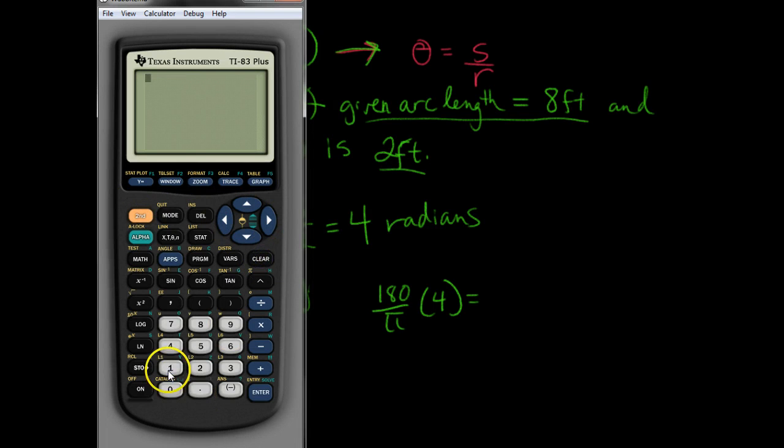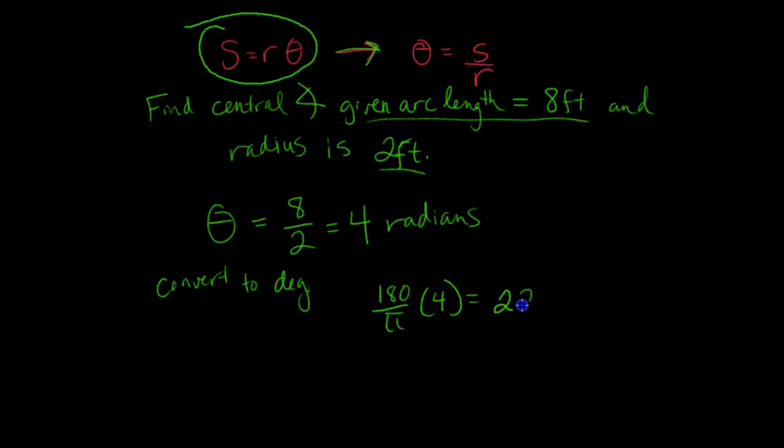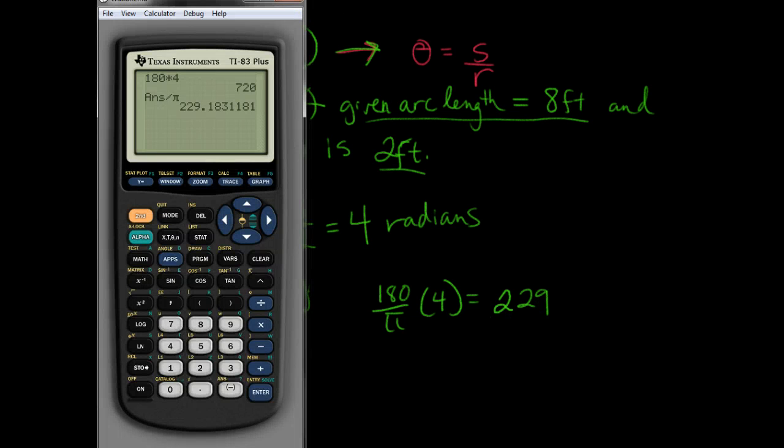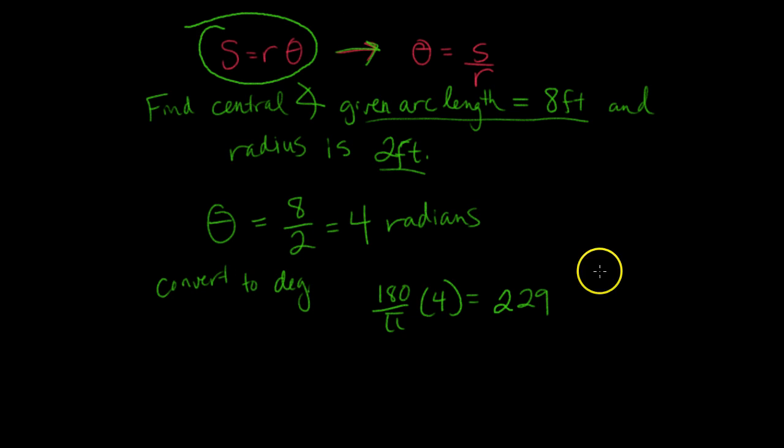And we can say 180 times 4 divided by pi, which is approximately 229.18.